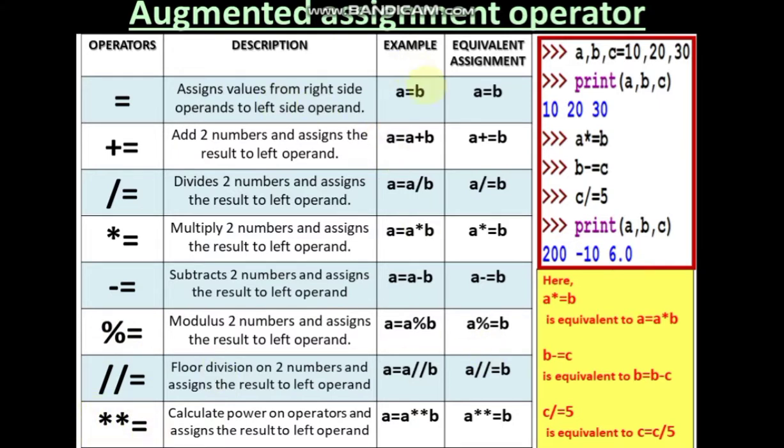Actually, when we write a is equal to b, that means you are assigning values from the right hand side to the left hand side operand. There should be some object, a variable, which should take the value whatever is at the right hand side of equal to. That is, the right hand side value is assigned to the left hand side variable.